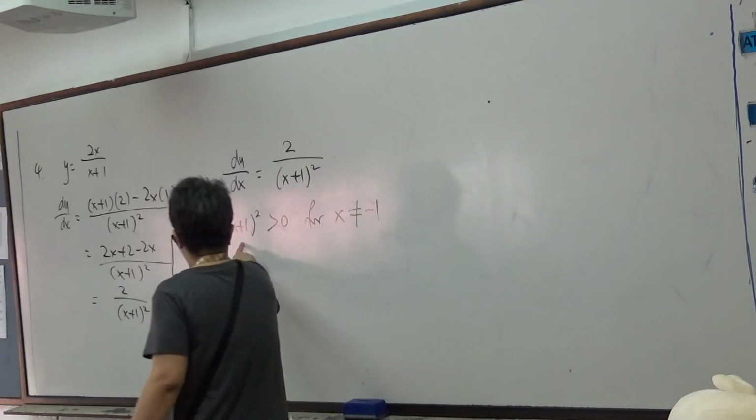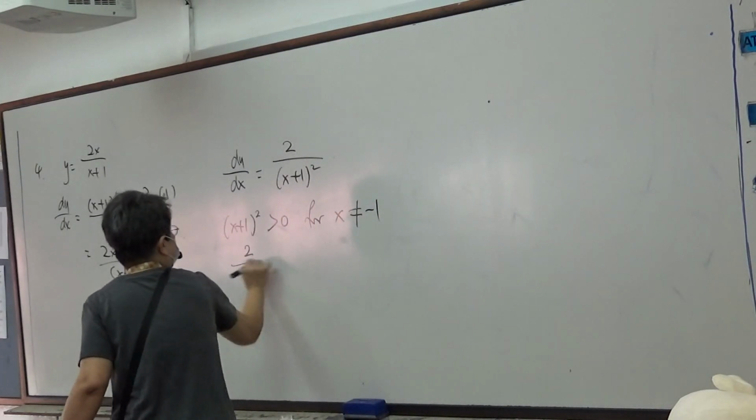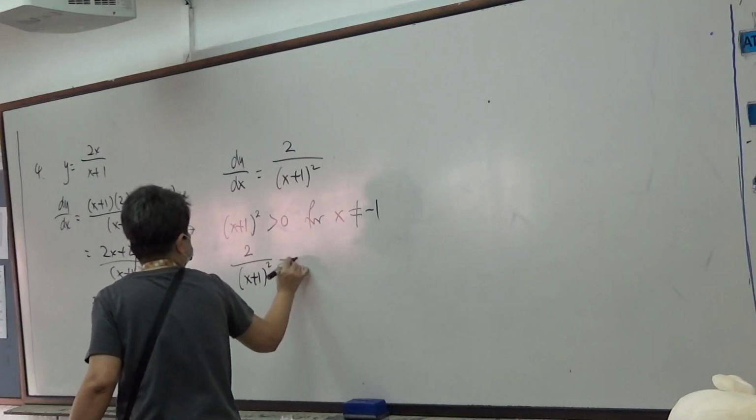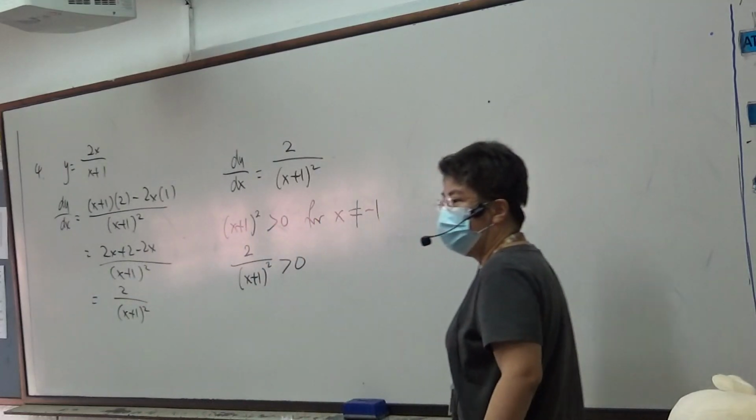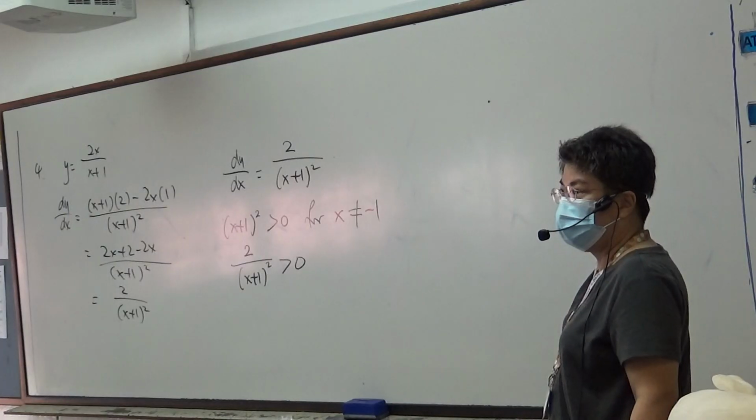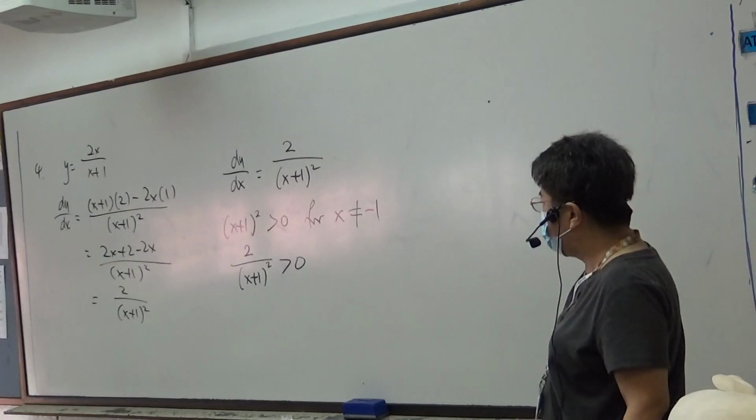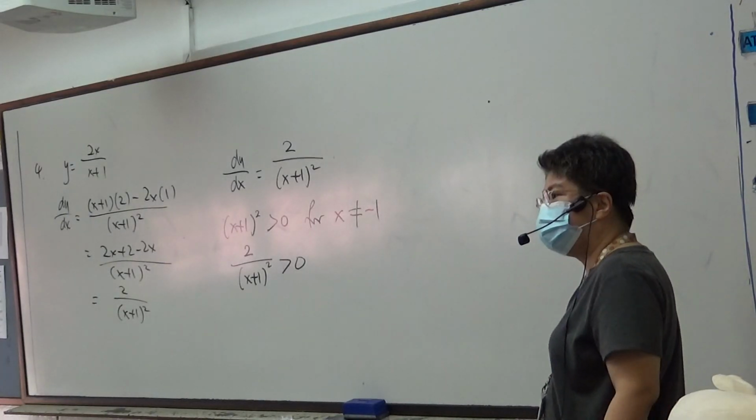Okay? Now, if this is bigger than 0, that means 2 over something positive will be bigger than 0. You agree? Positive over positive must be positive. Okay?